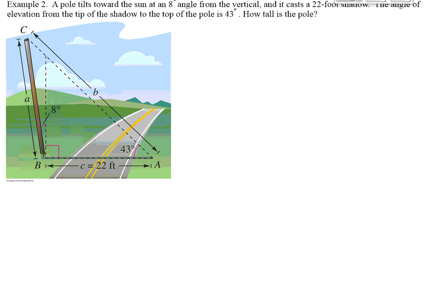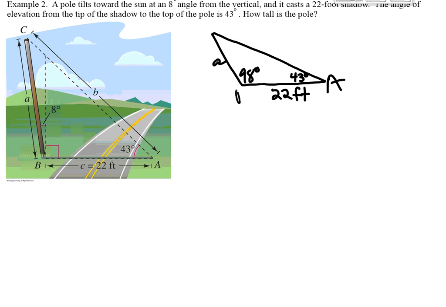And then this angle of elevation is 43 degrees. And our job is to find A. And so I'm just going to draw it again. So I know this is 98 degrees. This is 22 feet. This is 43 degrees. And this is A that I'm trying to find. Capital A, B, C, little b is there.